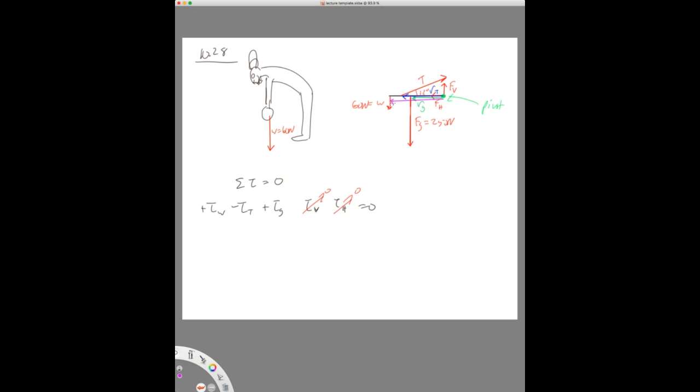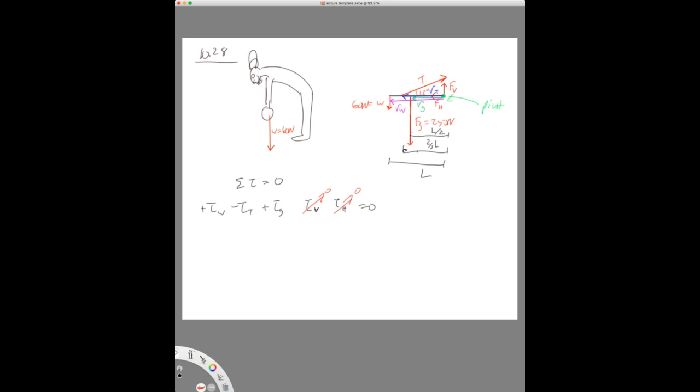I'm just drawing it offset a little bit because it's easier to see if they're not laying on top of each other. And we are told some lengths in the picture. If that's the total length from the hip to the arms, then the back muscle is acting at 2/3 of the length, and the force of gravity, sorry, that should have been the back muscle, and then the force of gravity is at L/2. So those are my 3 lengths.